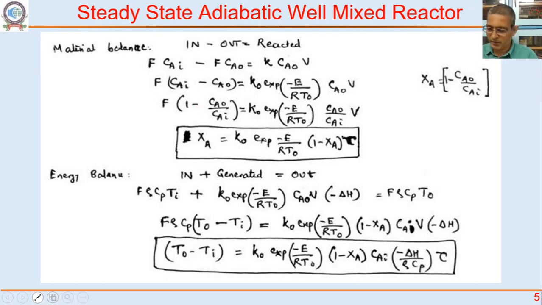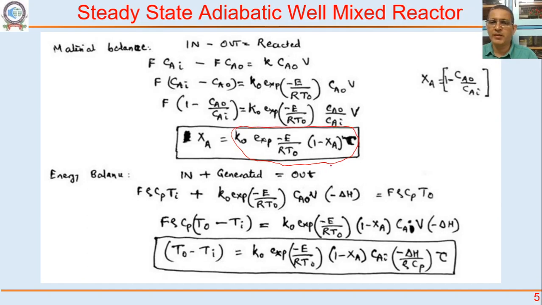Look at this expression, look at the first expression. Look at this expression: K naught e raised to minus E by RT naught, XA and tau.